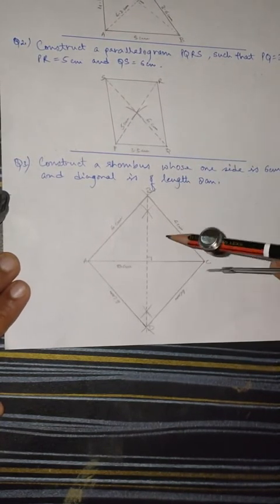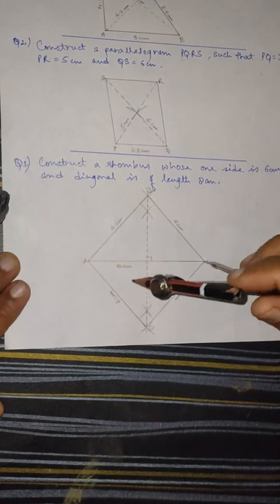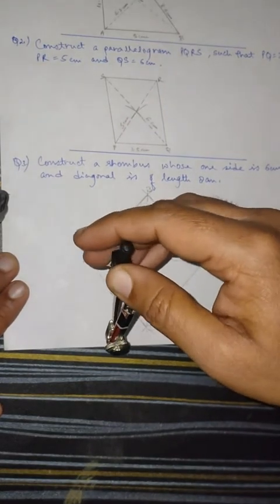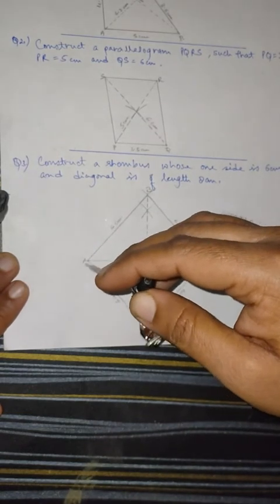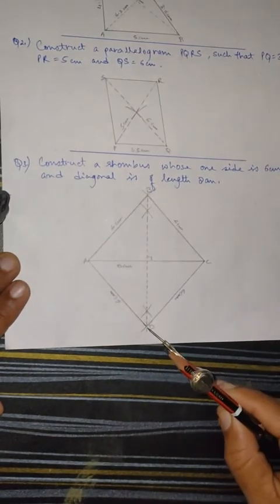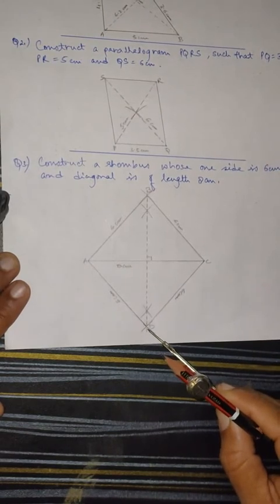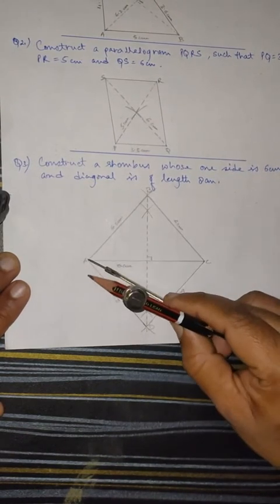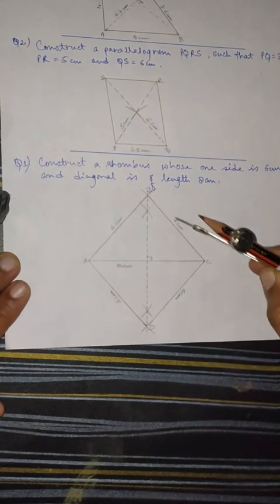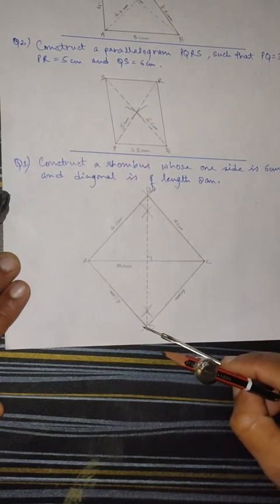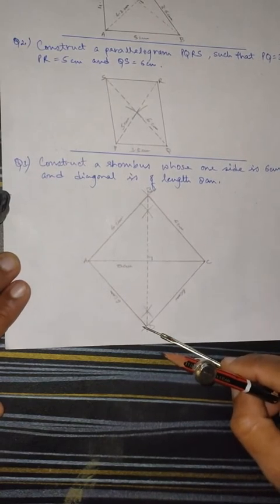Similarly, I'm going to make an arc of 6 centimeter over here, and by placing the pointer at A, another arc over here. Wherever these two arcs meet will be the point where the fourth vertex D of the rhombus lies. In this way, I get AB as 6 centimeter, BC as 6 centimeter, CD as 6 centimeter, and AD also 6 centimeter, because I have placed arcs of 6 centimeter measured on this compass.